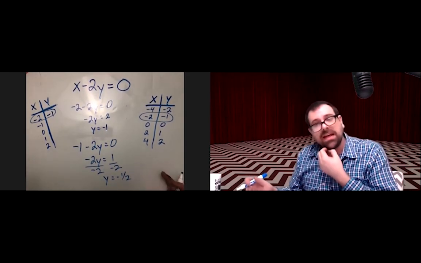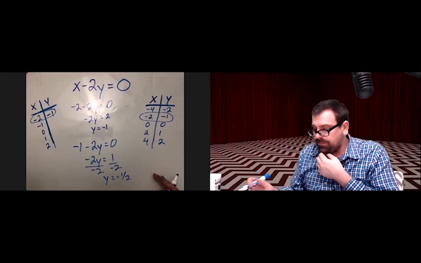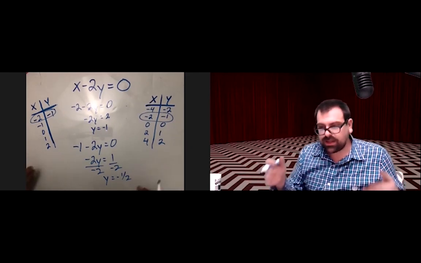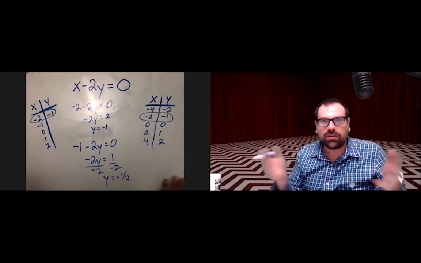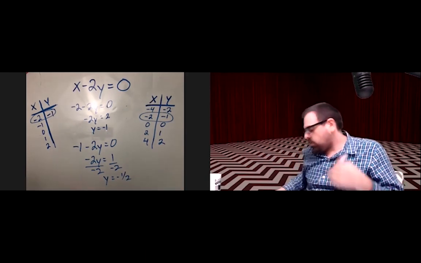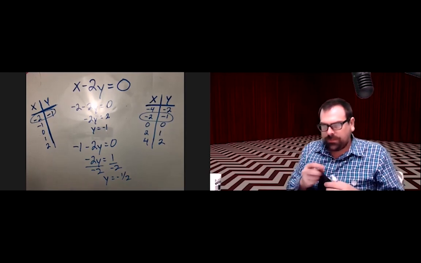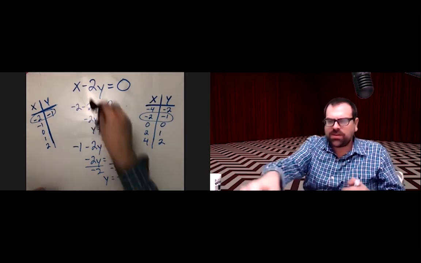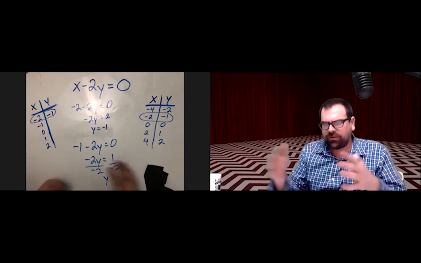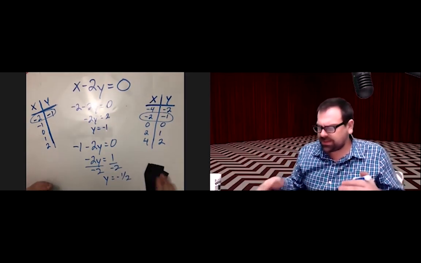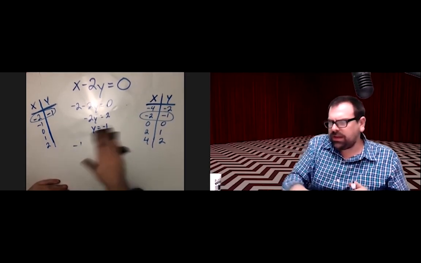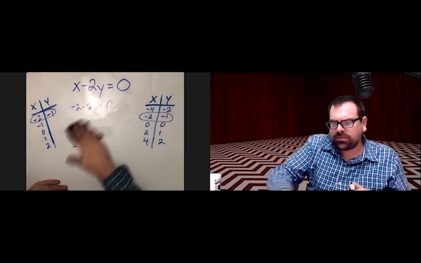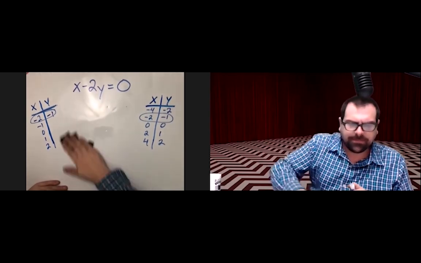Those would still be on the line, but for graphing purposes, it's a lot easier if you're graphing whole numbers and then not having to figure out, okay, what's half, what's a fourth. So by solving this equation for y first, when it was still in terms of x, it kind of gave us a clue of what kind of x would give us whole number y's.